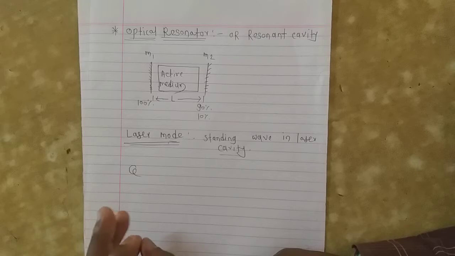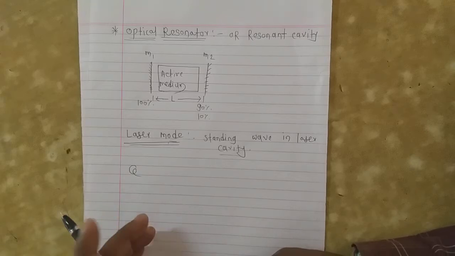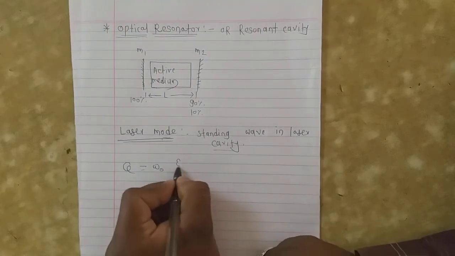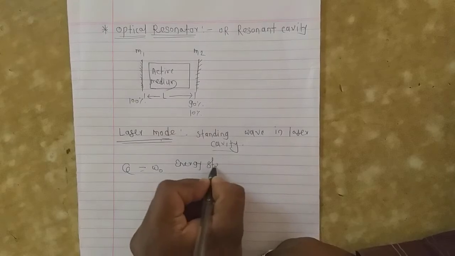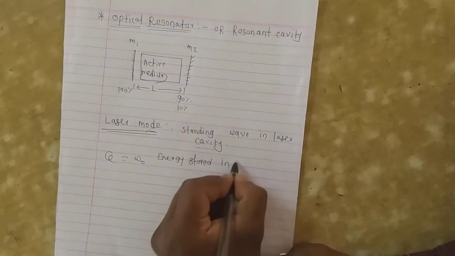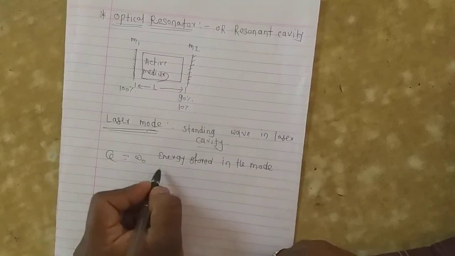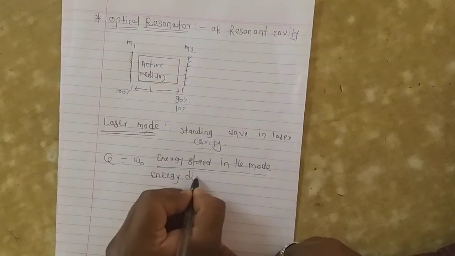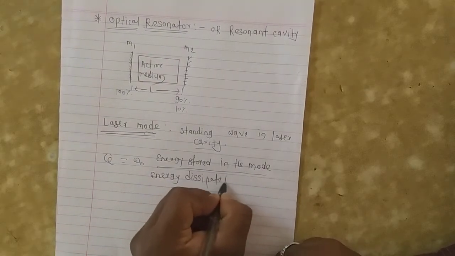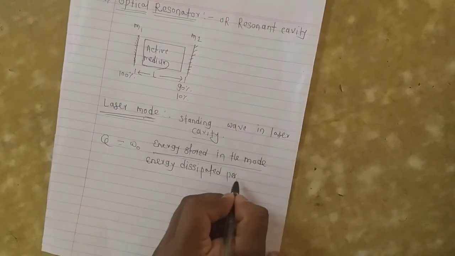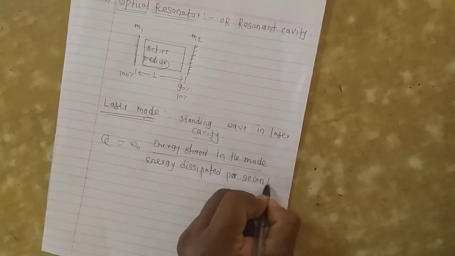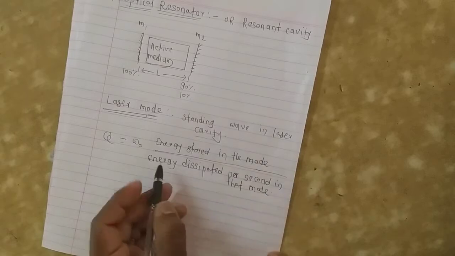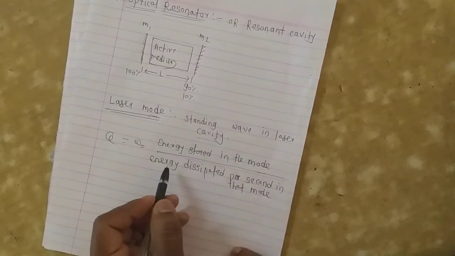This is expressed by the quality factor Q of the mode, and is defined as Q is equal to omega naught, that is, energy stored in the mode divided by energy dissipated per second in that mode, or it is simply written as energy loss per second.